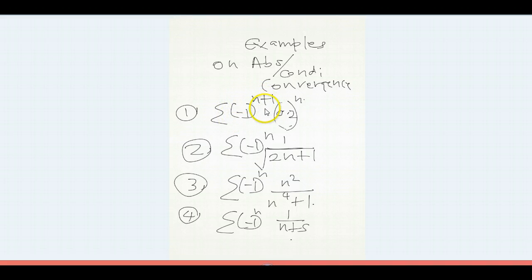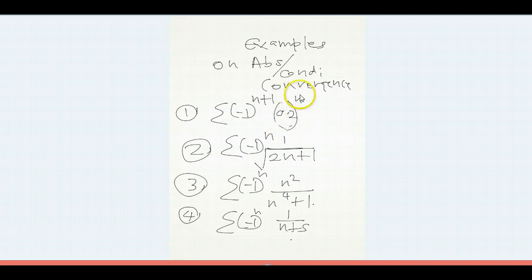So step one, we want to check whether the series is convergent. This is the widget part. This is the remainder part. Now don't let this 0.2 deceive you, because 0.2 is actually 1/5. So this is like 1/5 to the power n.